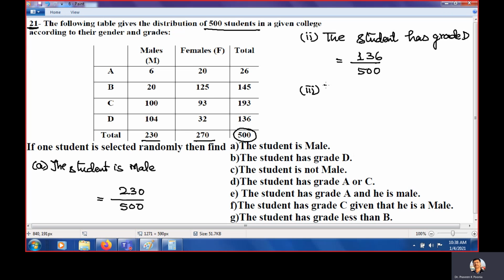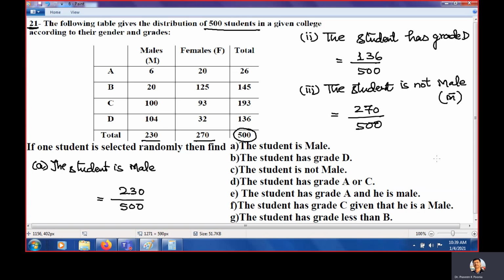The student is not male. And if the student is not male, that means what is the student? That means student is a female. And how many females are here? Not male means M bar. M bar means not male. So not male means it is female. So solution is 270 upon 500.